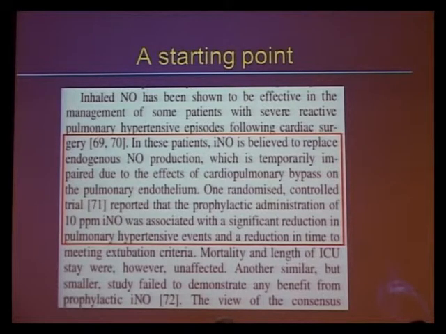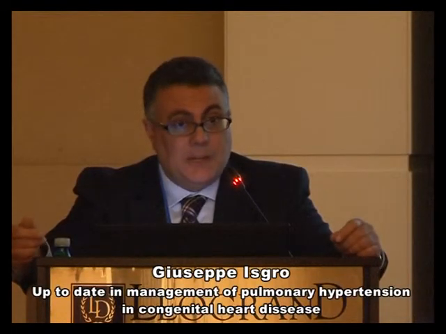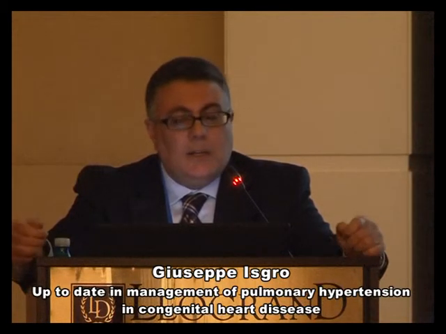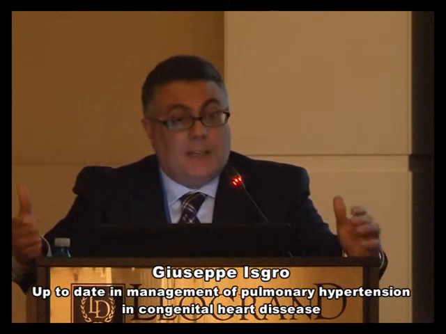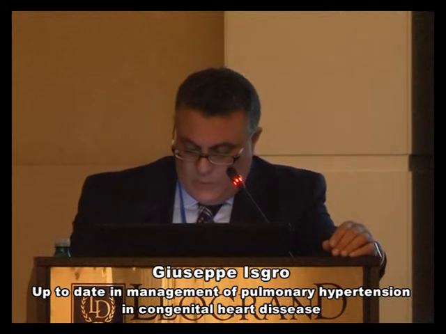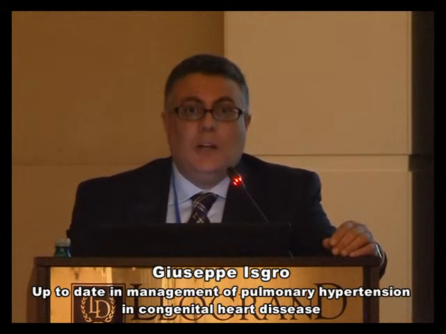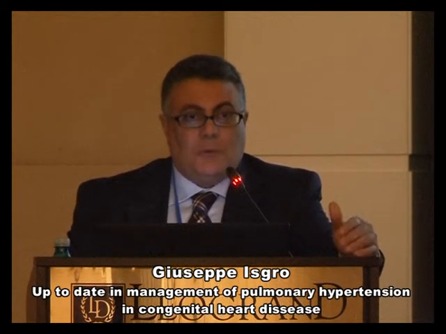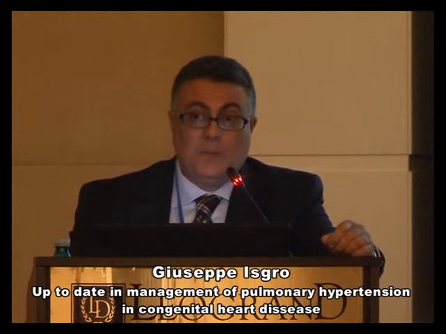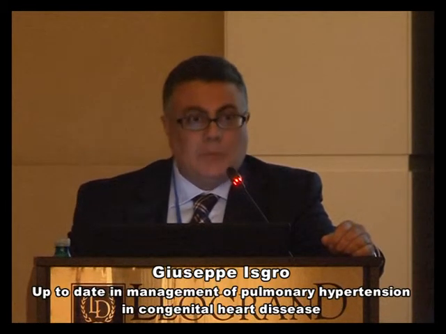These patients, especially those who suffer from prolonged overflow in the lung circulation, the right circulation, suffer from decreased endogenous production of nitric oxide. So when we replace this, we have an immediate response in terms of reduction of pulmonary hypertension and improving the hemodynamic profile of the patient.